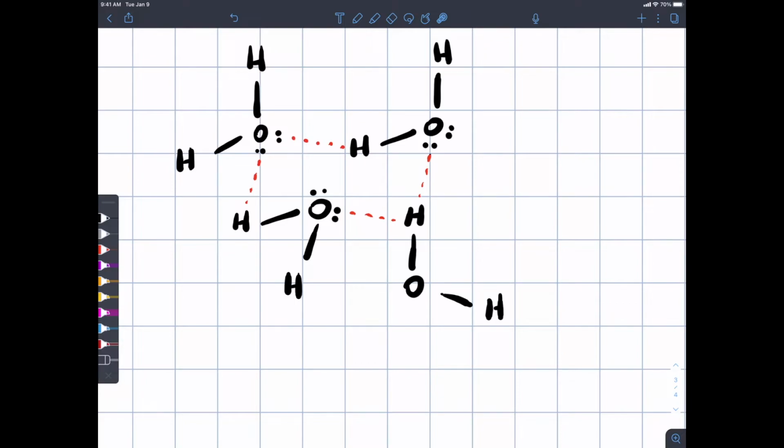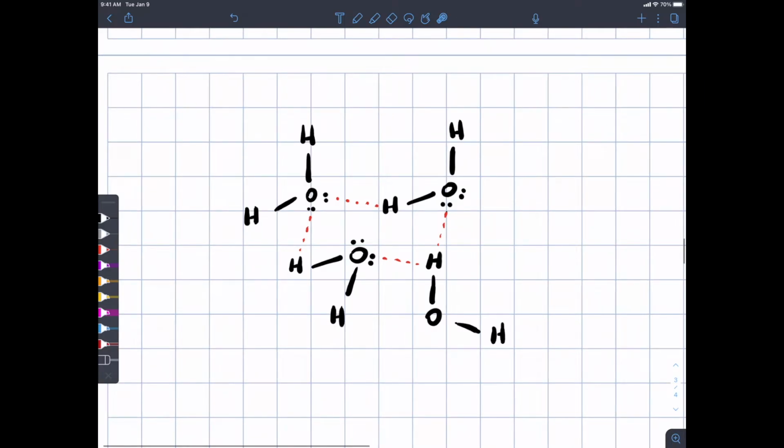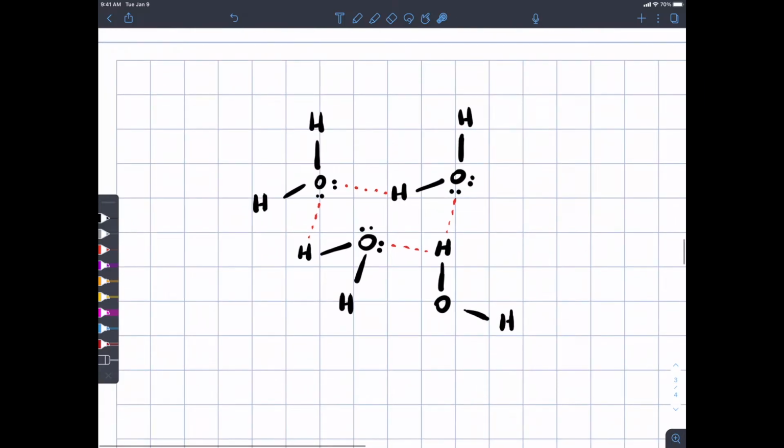One other interesting thing is that which hydrogens are covalently bound versus which are not gets kind of murky. For example, you can see that it wouldn't take very much at all for this hydrogen to slide over here such that this hydrogen would now be covalently bound there and hydrogen bound there.